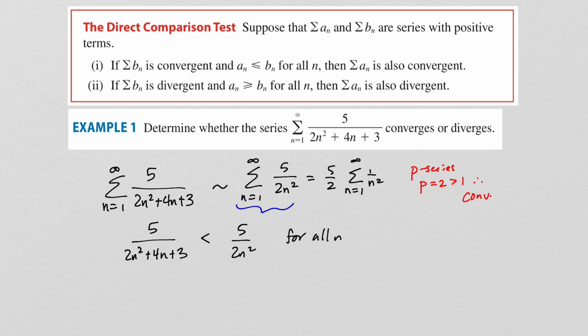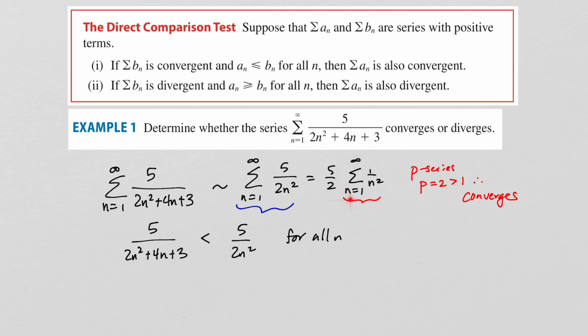Therefore, this series converges. Now, when I say this series, I am talking about this series right here. But we also know that if you have a converging series, multiplying it by a constant does not change whether it converges or diverges.